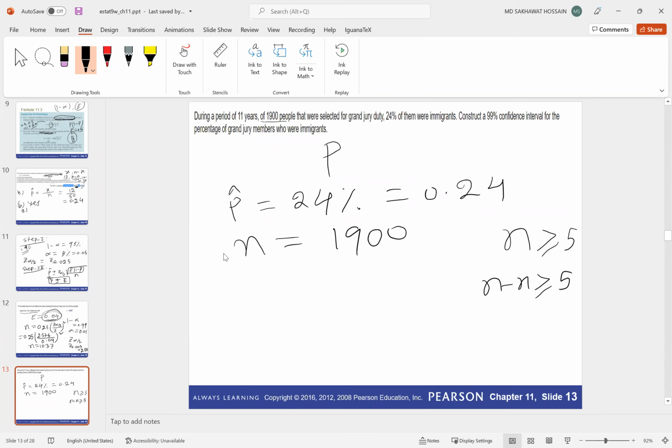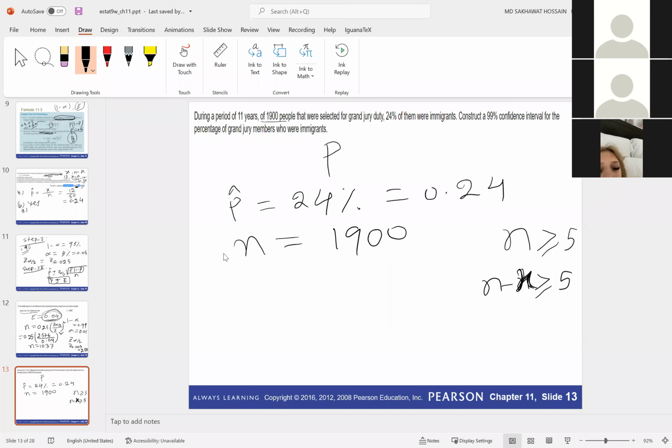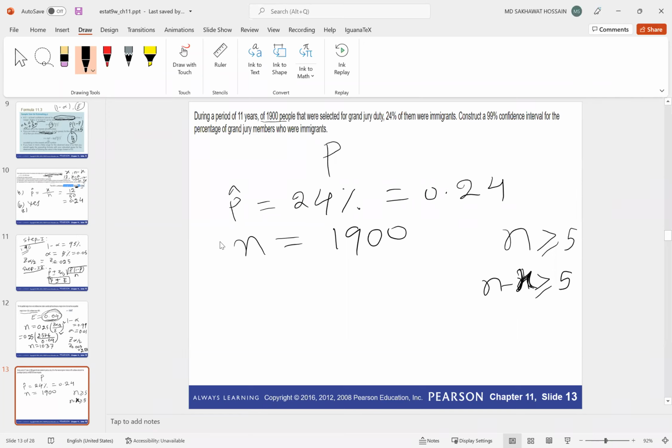So now the question is, what is the value of x? Actually we are interested in the percent of immigrants, right? So here the success is the number of immigrants out of 1900 people. So n is 1900, and n minus x will be then, so you need to calculate x.